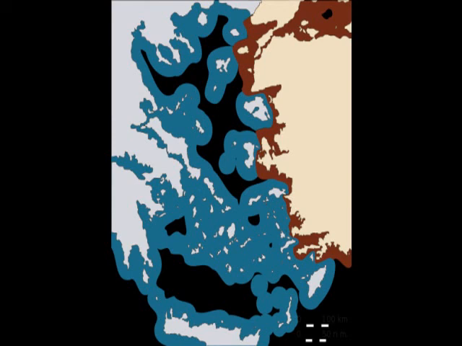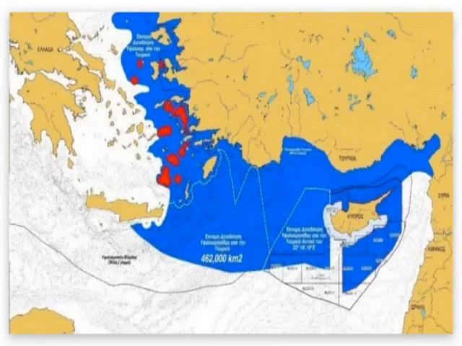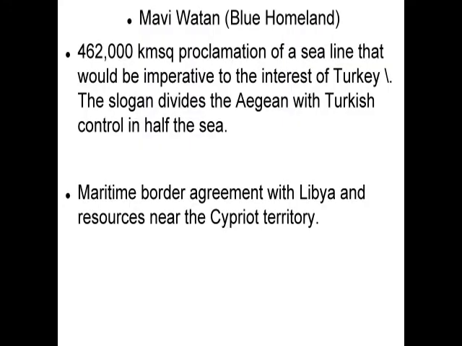So, looking at this point, although in 2019 they declared it, the concept was being made about a decade before, and this concept was Mavi Watan, the Blue Homeland. In this Blue Homeland, Turkey made a proclamation of a 462,000 square kilometer sea area, where it declared that these seas are entirely Turkish territory.